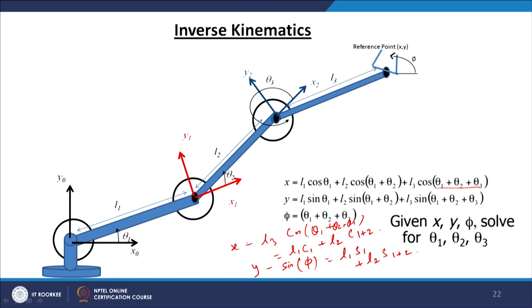Now, if we call the left hand side of the first equation capital X and the left hand side of the second equation capital Y, it is exactly like the 2 link manipulator equation. So, given this capital X and capital Y, we can find the theta 1 and theta 2 values.